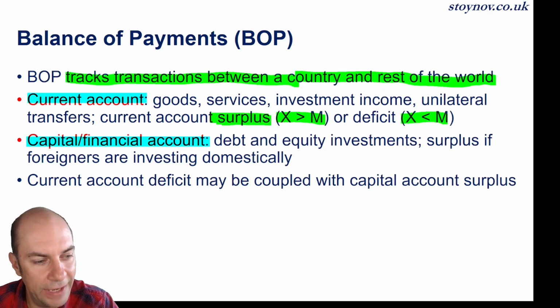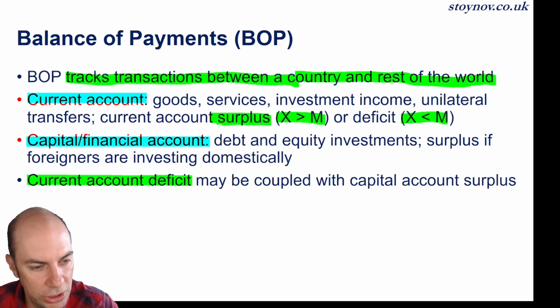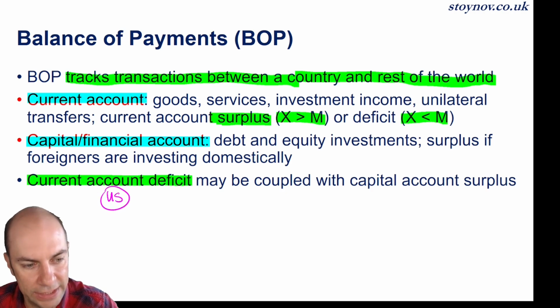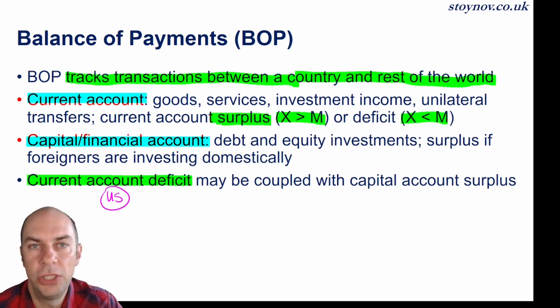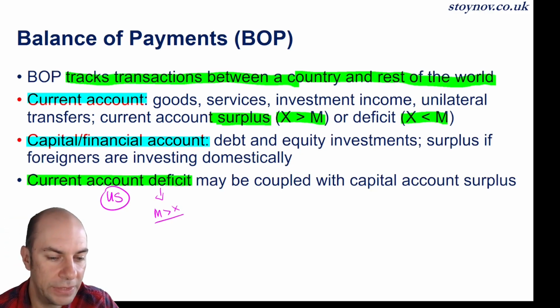I've got a little possible example here. I might have a current account deficit, and I really want to take the example of the US, because the US has this exact situation. The US has been running a current account deficit for many, many decades. As we said, a deficit simply means that imports are greater than exports, and we all know the US is importing more than it is exporting.